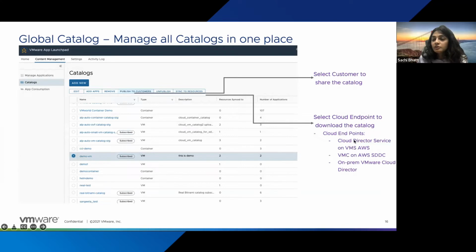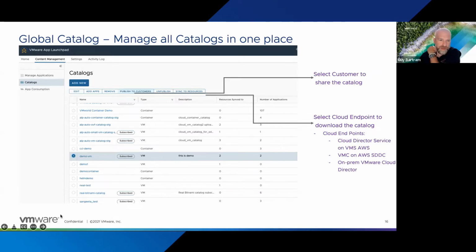So here you can define, if you have say 5 sites, you can select only one site and synchronize that catalog to only one site. So all other 4 sites are not going to download the catalog, which saves some resources on the remaining 4 sites.